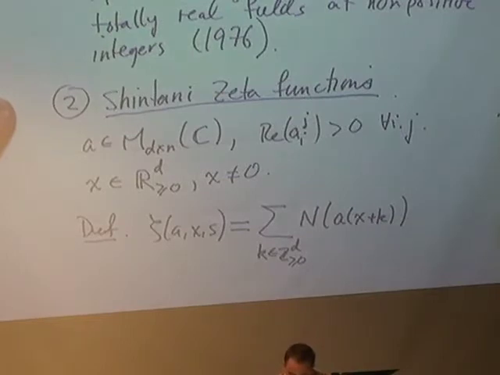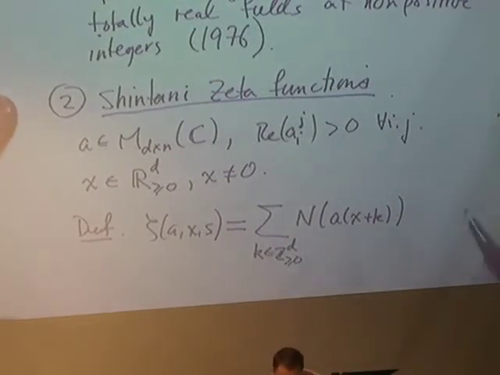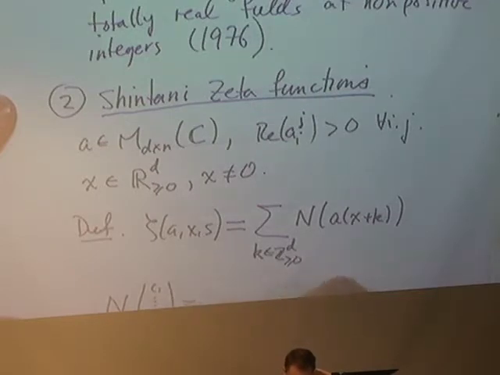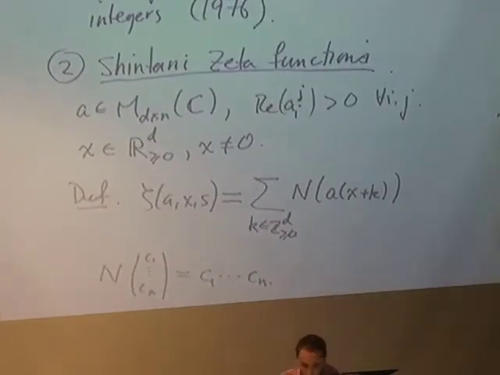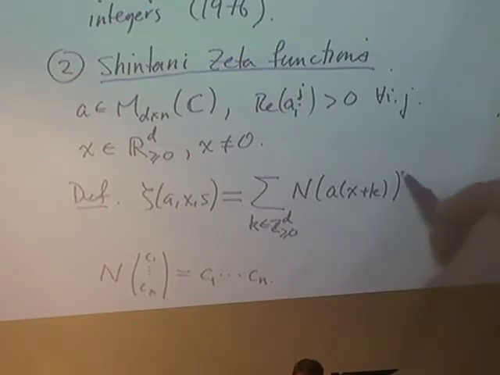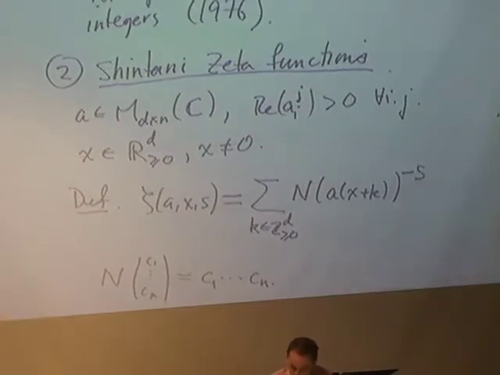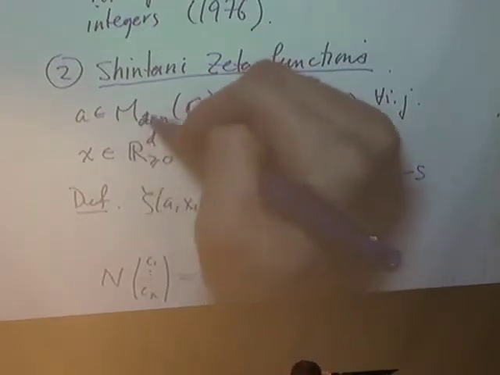So x and k I'm viewing as d-element column vectors, and by the norm of a column vector c1, ..., cn, I mean just the product of the elements, and this has got to be off the page. Almost. Minus s, thank you. That's right. Oh, n by d, I'm sorry.